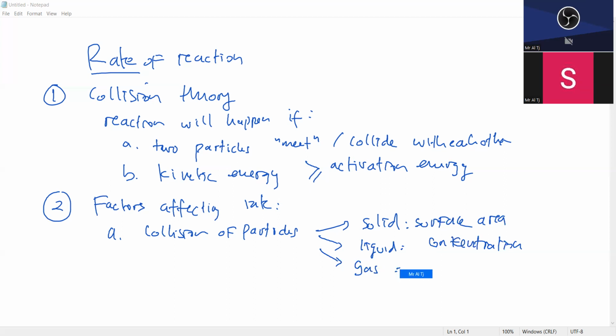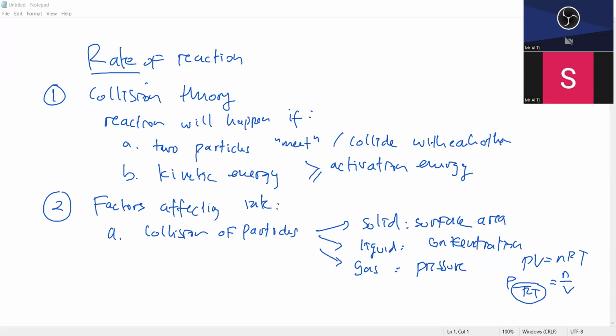How about the gas here? Well, the gas practically is the same as the liquid. We're going to have the concentration. But in gas, concentration is generally going to be linearly proportional to the pressure. Why pressure? Well, if we go into the ideal gas equation, PV is nRT, and we know that concentration is mole over volume. It's going to be P over RT. For the same temperature, the pressure is going to determine the concentration.